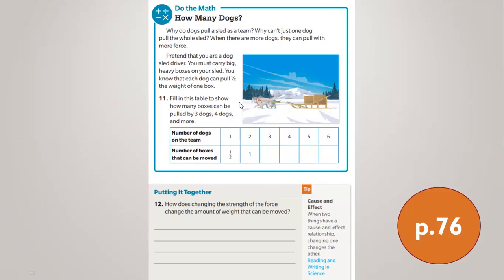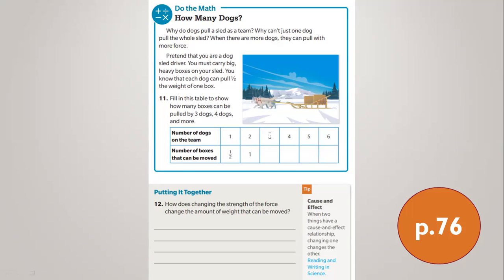Fill in the table to show how many boxes can be pulled by 3, 4, and more dogs. Let's see. Here, one dog, we know that one dog can carry half a box. So 2 dogs can carry 1 box. Excellent.